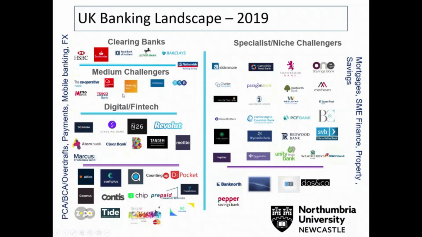We've seen recently troubles from an IT point of view, from Tesco Bank and Metro Bank, but ultimately you've still got the big clearing banks. They did take a reputational damage hit post financial crisis, but their assets were still huge in 2014.